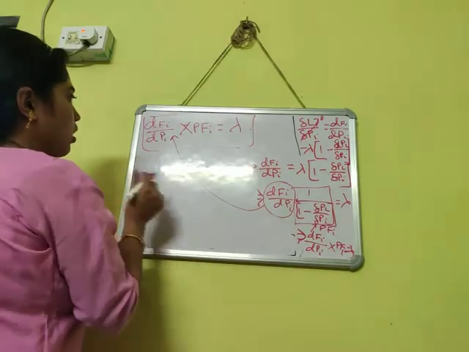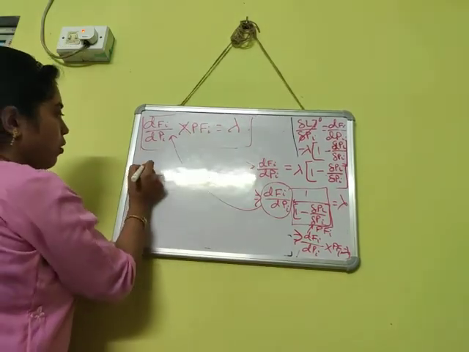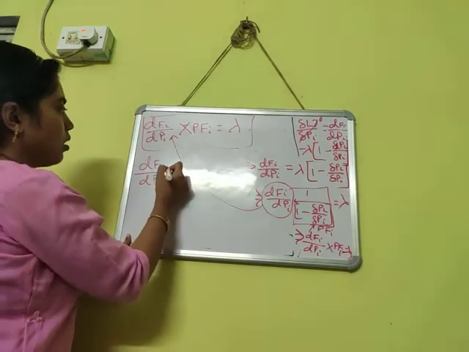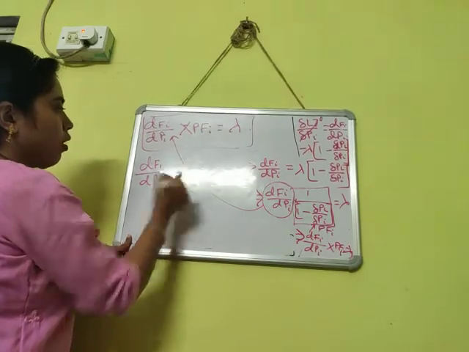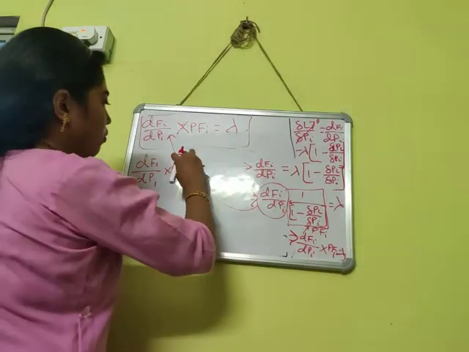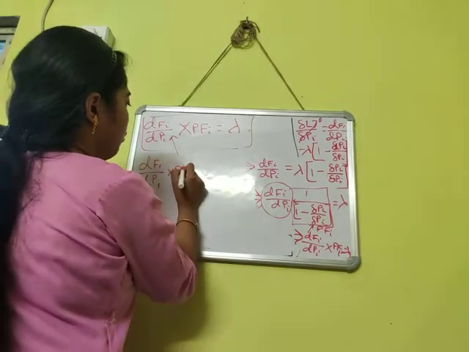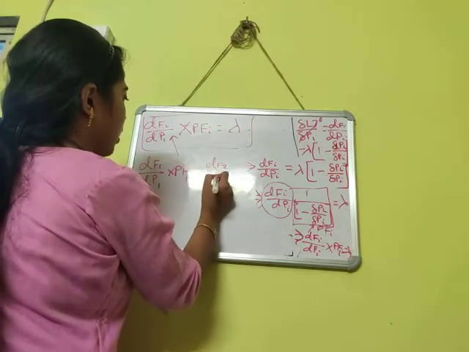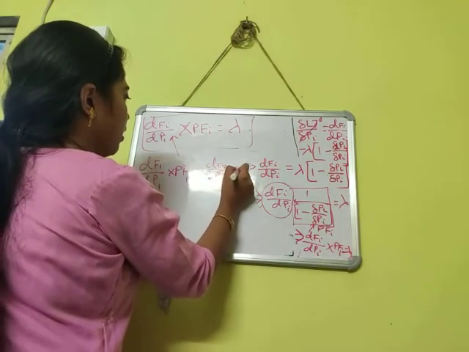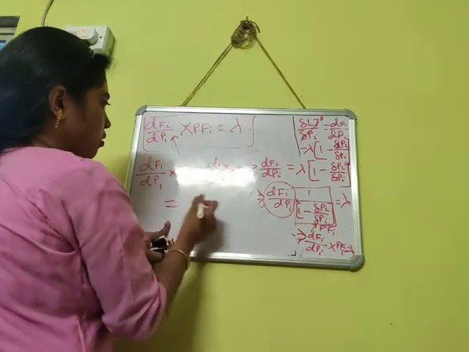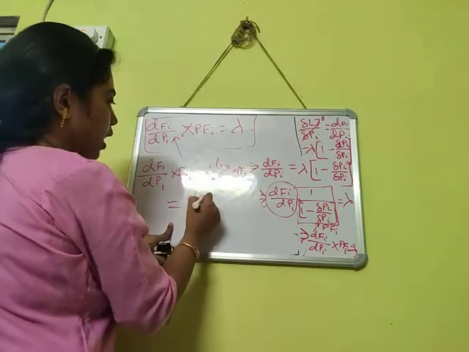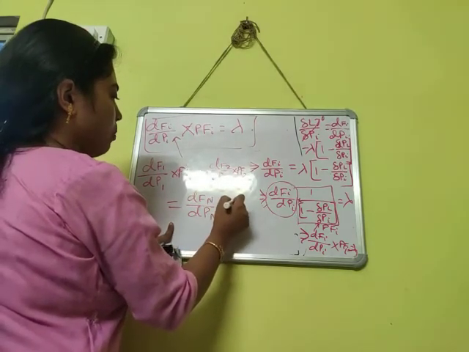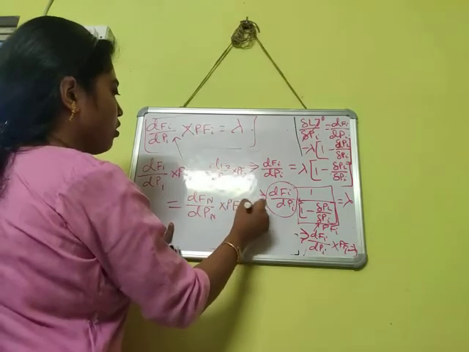That is the condition. That means for nth number of generating unit, we can write dF1 by dP1 into penalty factor of number 1 generating unit equals to dF2 by dP2 into penalty factor of 2 generating unit, which equals to dFn by dPn for nth generating unit into penalty factor of nth generating unit equals to lambda.